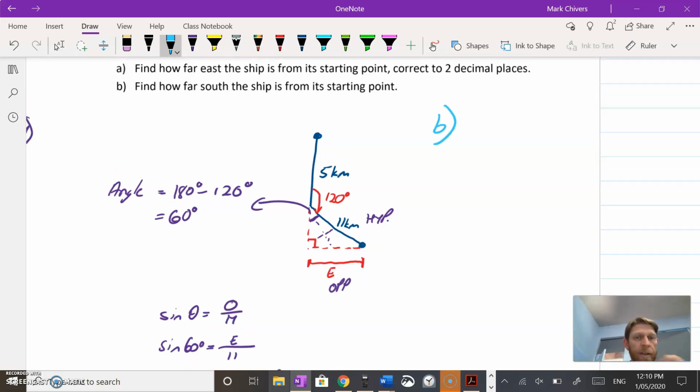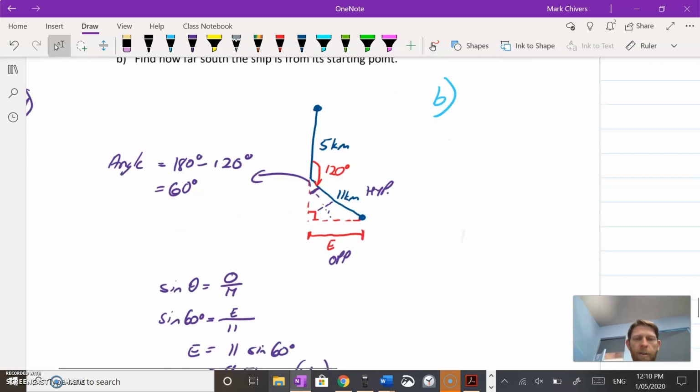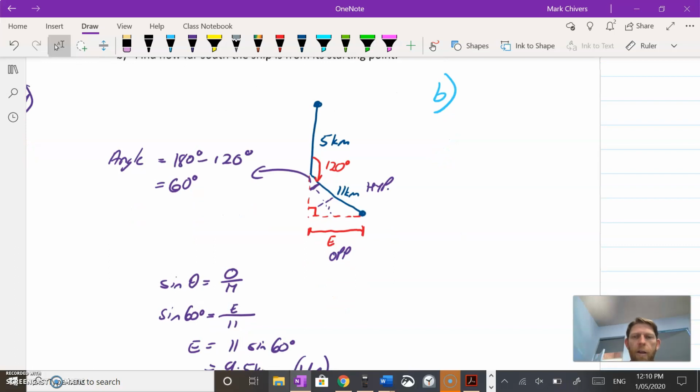Okay, so part B is how far south is the ship from its starting point. To find out how far south, I'm interested in this distance here, but I've also got to add to it that distance there.